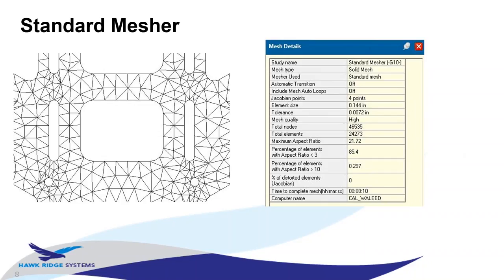Here, where the standard measure failed at that element size, the curvature measure was able to run. So we have a much higher probability of our parts being meshed, which means fewer mesh failures. And looking back at the aspect ratio for our standard measure, only 85% of elements have an aspect ratio lower than 3. So the quality of the elements has been improving, as well as the efficiency and the probability that everything is going to run well.